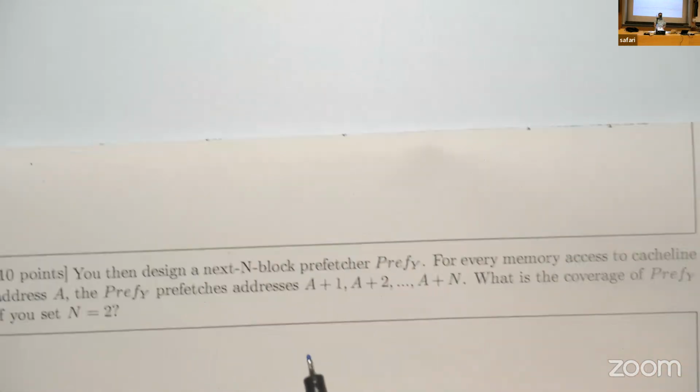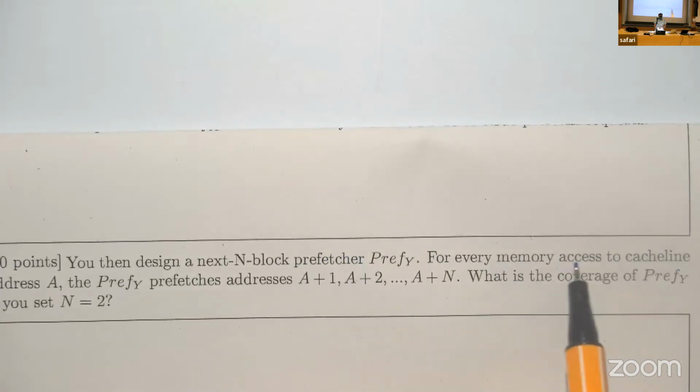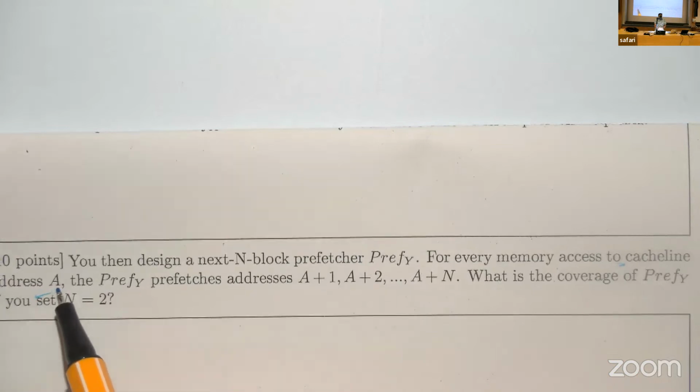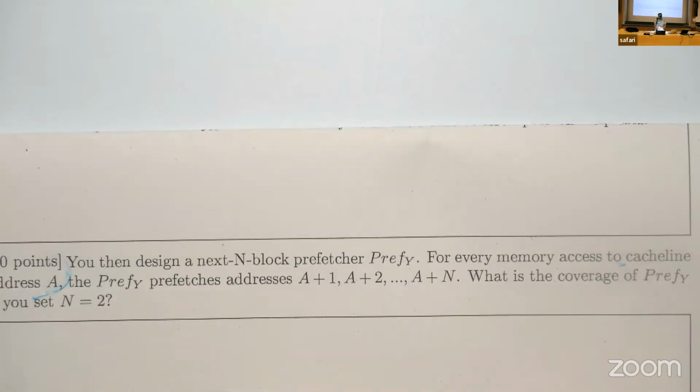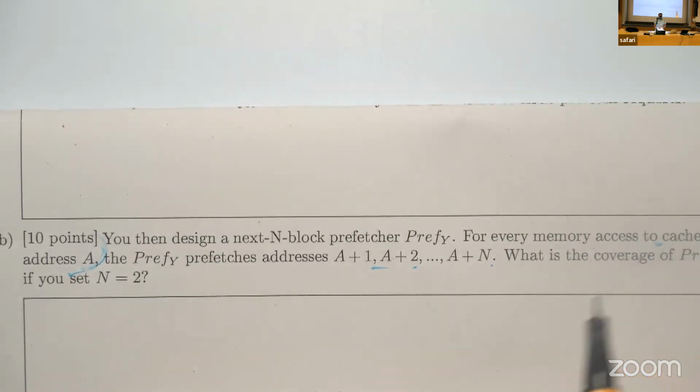Okay. So the second bullet point is that you design an n-block prefetcher. For every memory request, basically when you access A, you prefetch the next n cache lines, like A plus 1, A plus 2, up to A plus n. So the question is asking, what would be the coverage of prefetching if you set this n to 2?